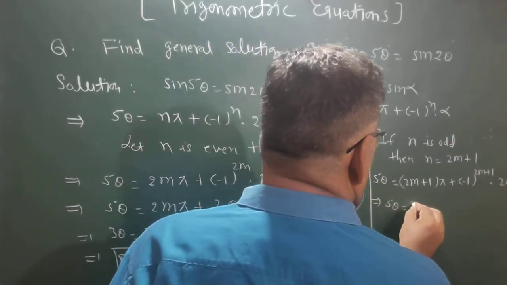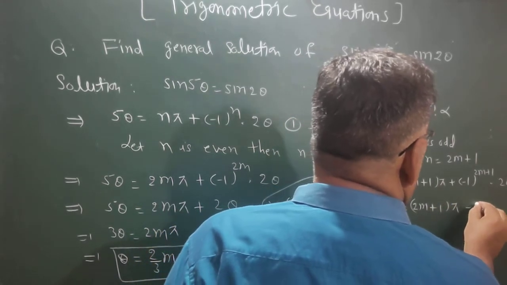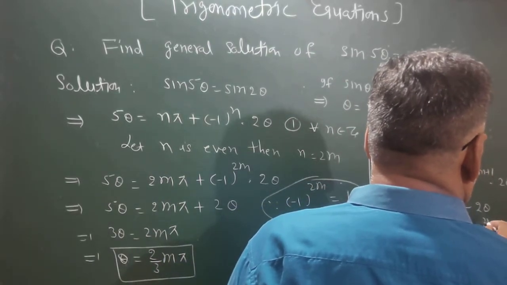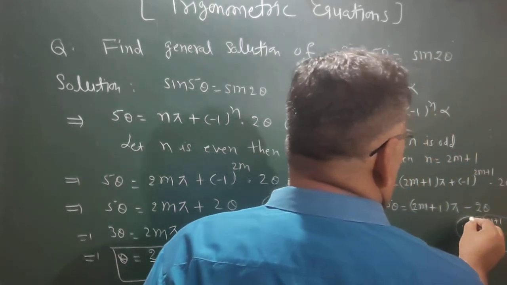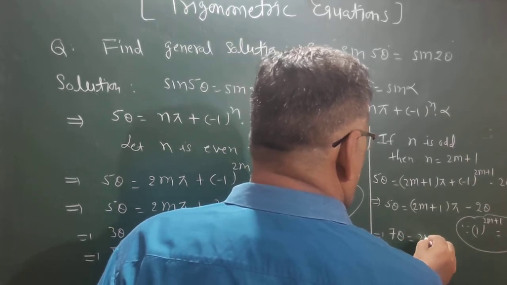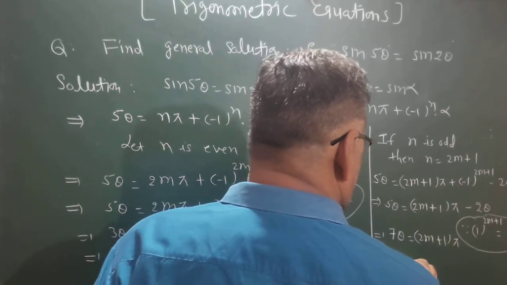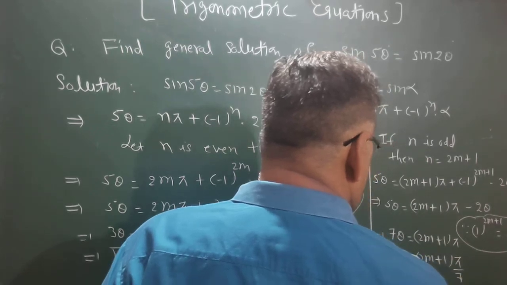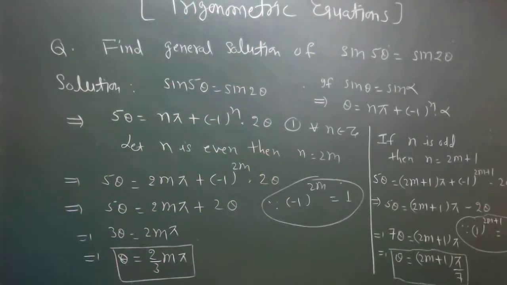So 5 theta equal to (2m plus 1) pi minus 2 theta, because minus 1 to the power 2m plus 1 is an odd power, so this becomes minus 1. Now we have 7 theta equal to (2m plus 1) pi. Finally theta equal to (2m plus 1) pi upon 7. This is the second solution of the trigonometric equation sin 5 theta equal to sin 2 theta.